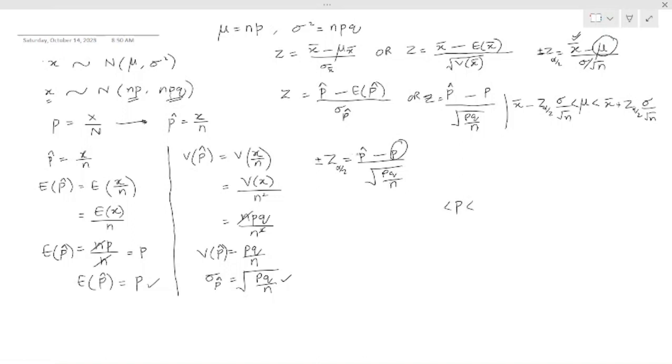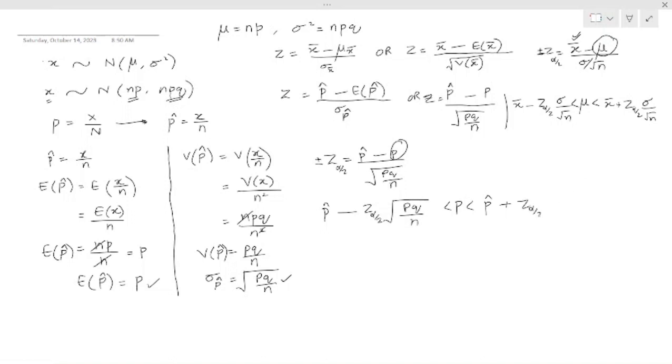And we start our formula with p cap on both sides of the inequality. Now we can mention minus sign on the lower bound and plus sign on the upper bound, z alpha by 2, and then the factor we need to multiply it with, which is the standard error of the random variable.